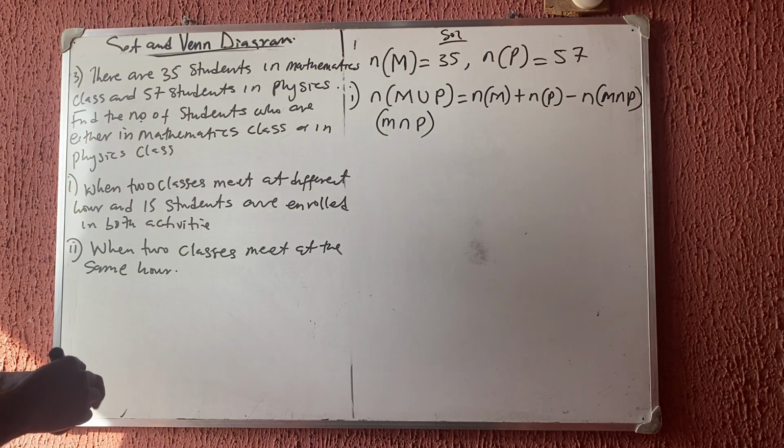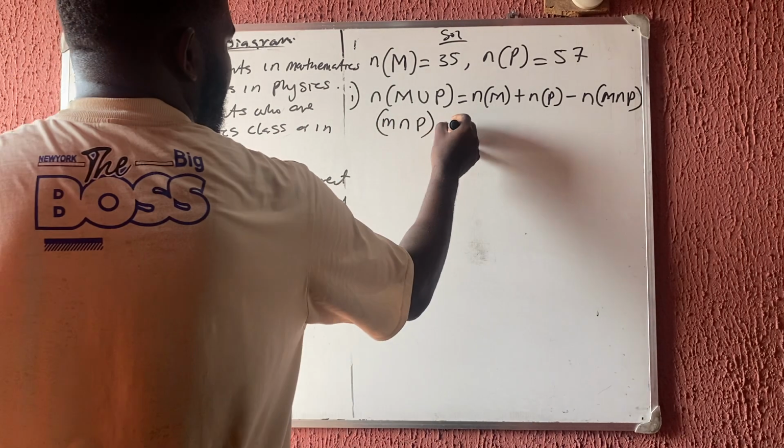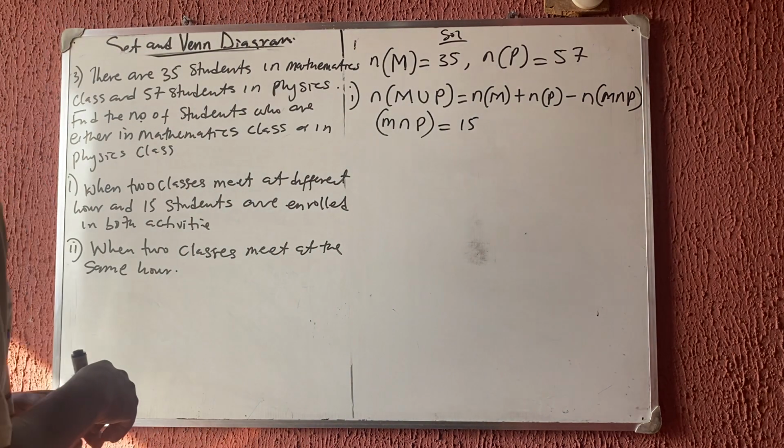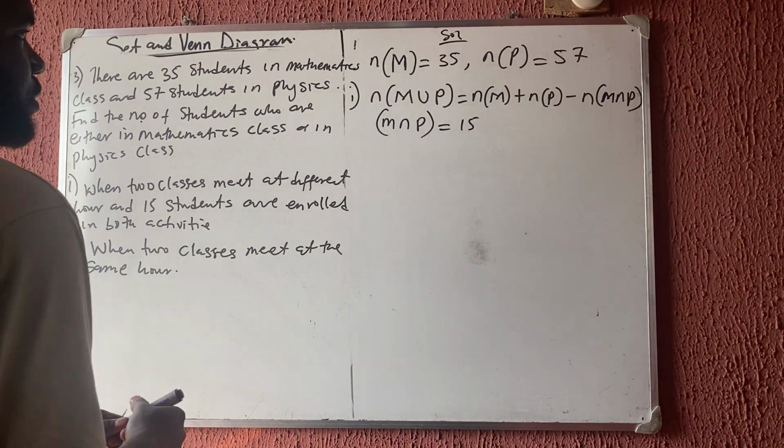When the both classes are held at different hours, 15 students attend the two of them. So I'm going to have 15 students. Is it minus or plus? I think it should be plus.